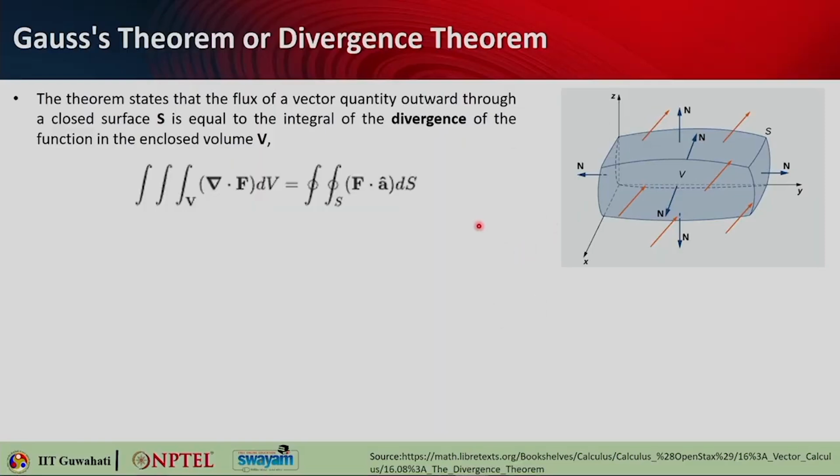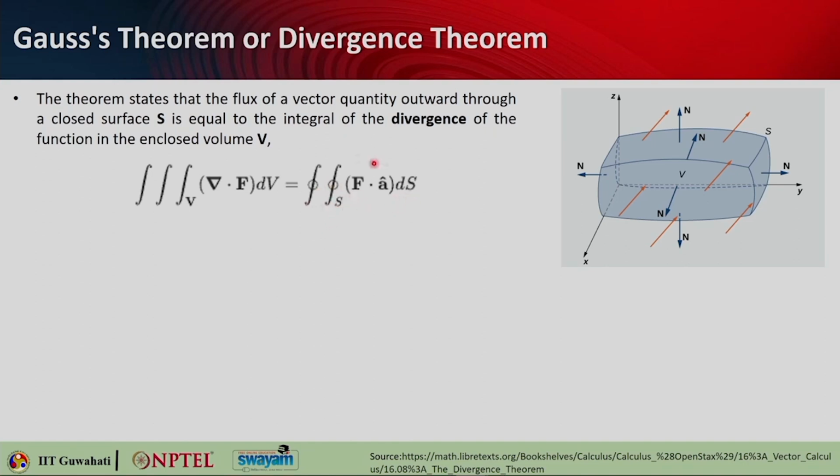This theorem states that the flux of a vector quantity outward through a closed surface S is equal to the integral of the divergence of the function in the enclosed volume V. So this is the flux in a closed surface. Closed surfaces are shown using this kind of circle on the integration.